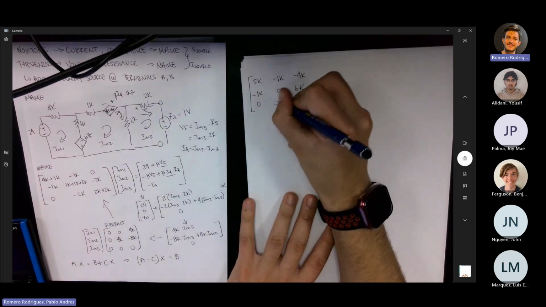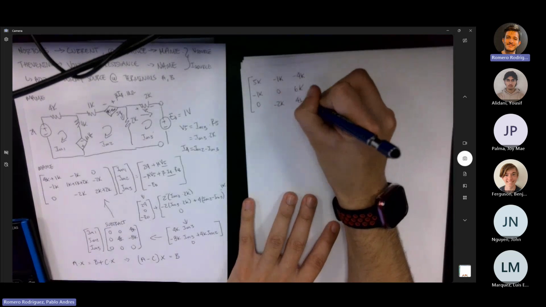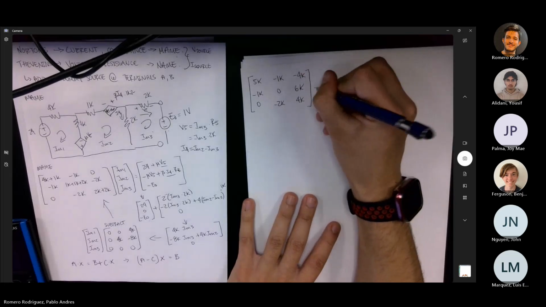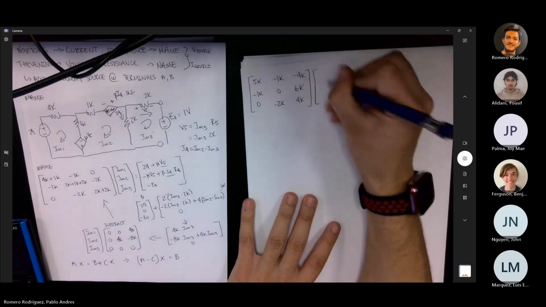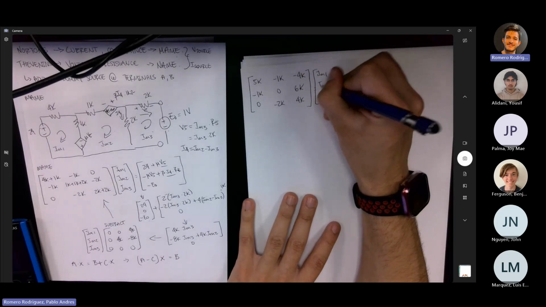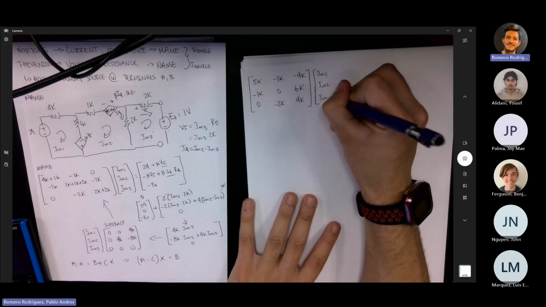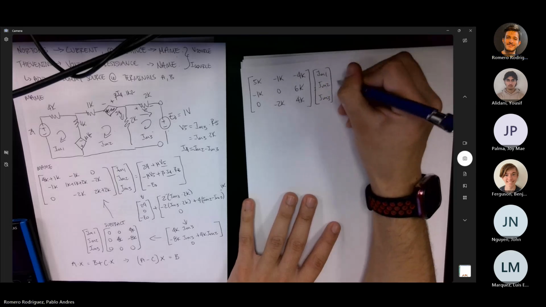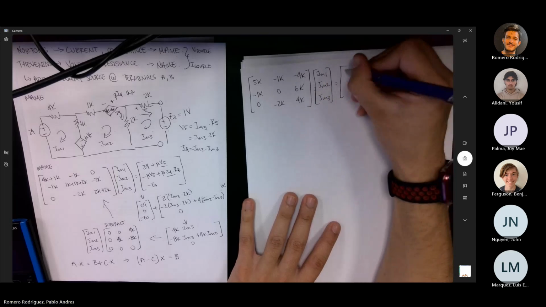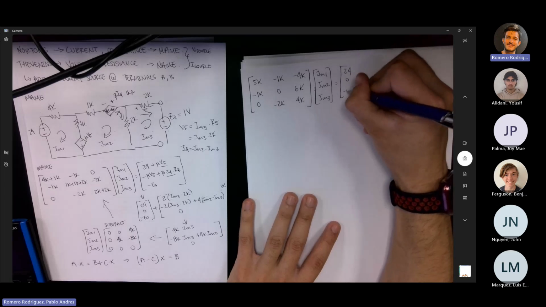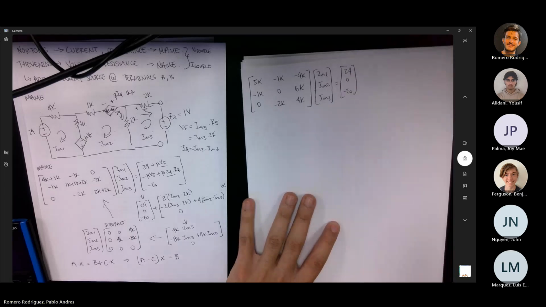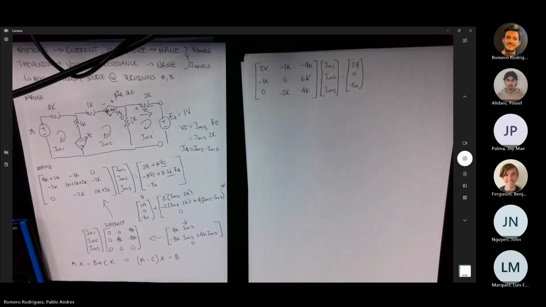And 0, negative 2K, and 4K. IM1, IM2, IM3. 24, 0, negative E0. That's going to be your matrix. I think that's correct.